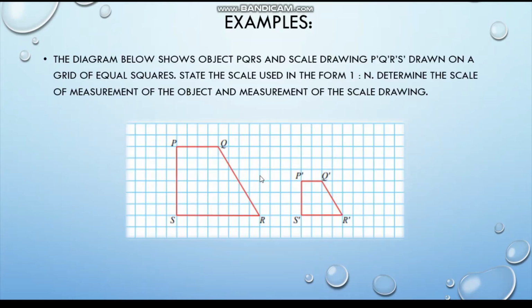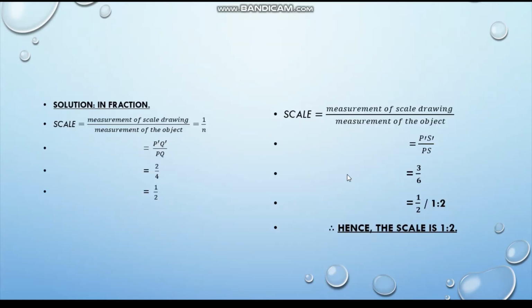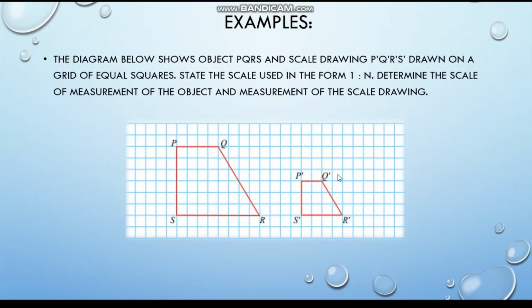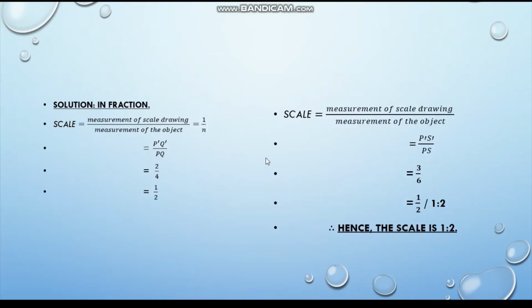We need to calculate P prime and S prime. Find the units for P prime and S prime and P and S. Sorry, P prime and S prime have 3, and then PS has 6. So the answer is 3 over 6.